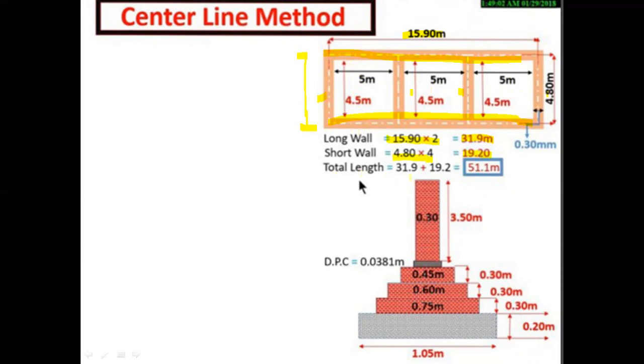Adding 31.8 plus 19.2 equals 51.1 meters. It is the center to center length of the total wall.